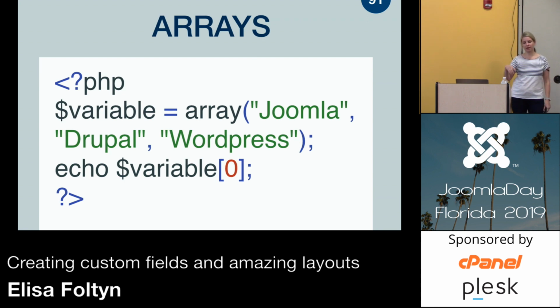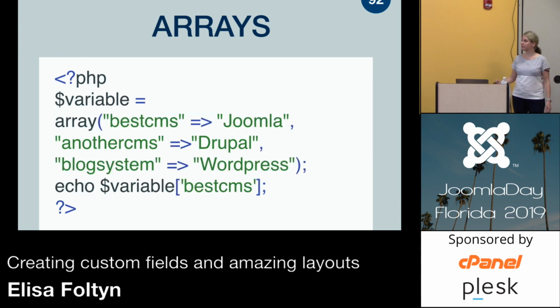I can output the first value of this array. You see I set 0, because an array counts from 0 on. Joomla is the first value, so if I echo the variable with 0, it would display Joomla in this case.